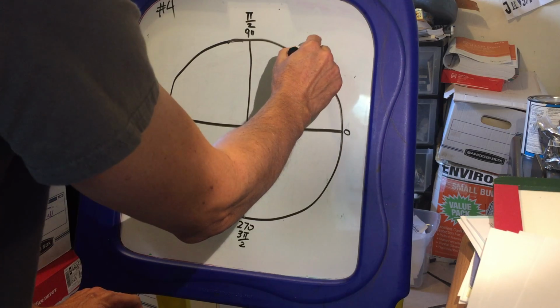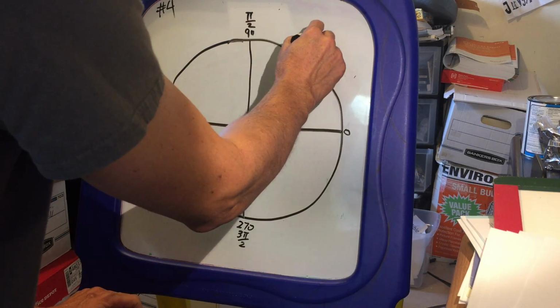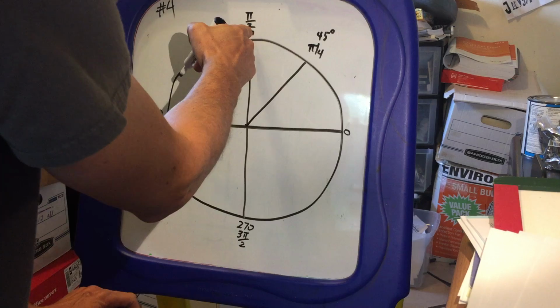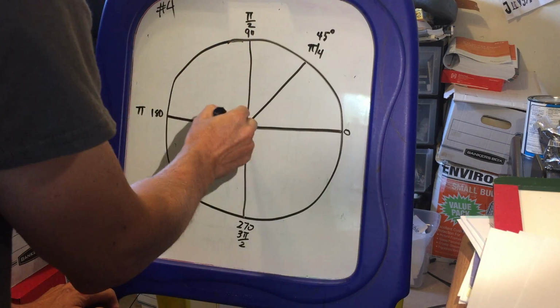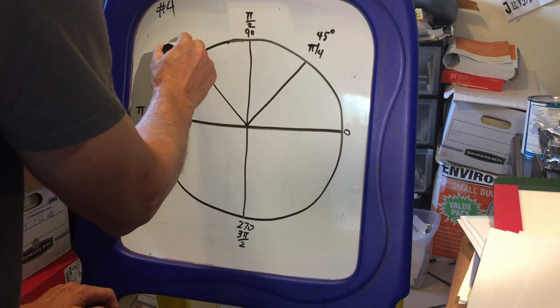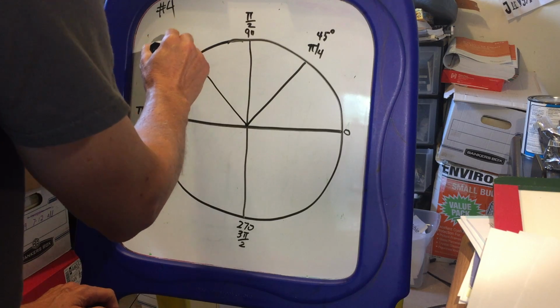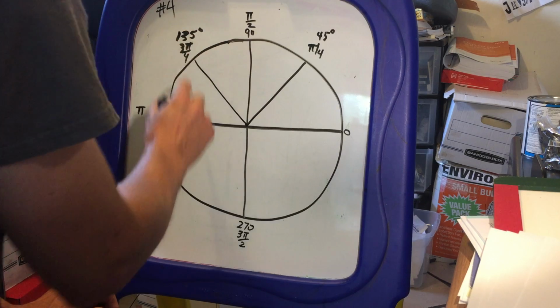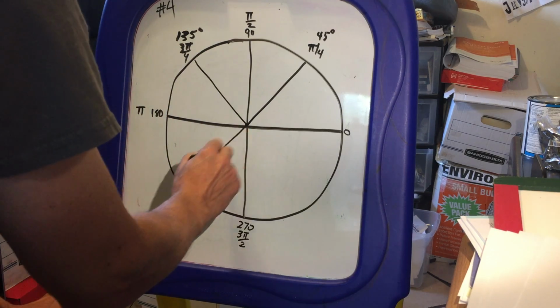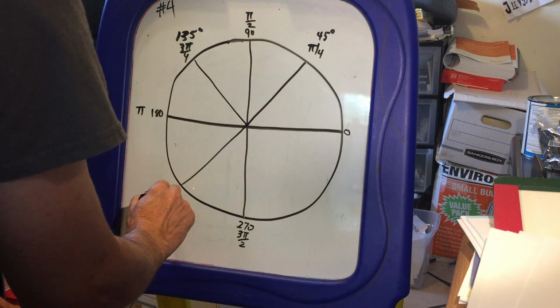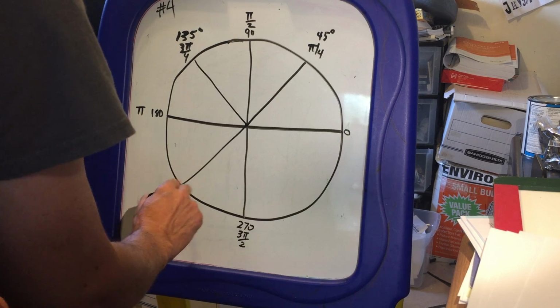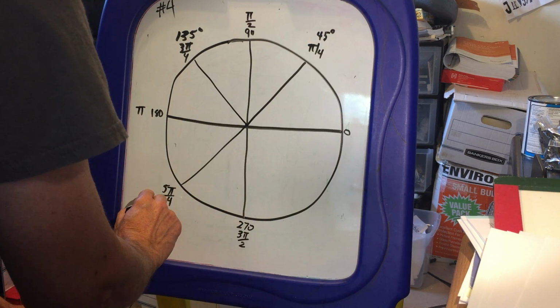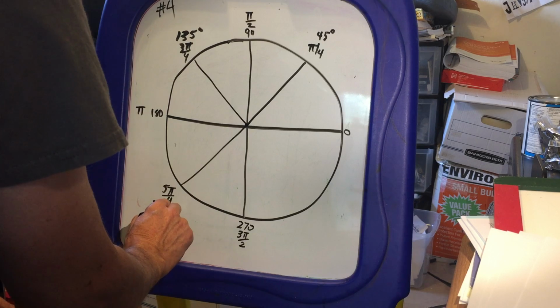You know that this is pi over 4. It's just 45 degrees. You got 2 pi over 4, reduced to pi over 2, 3 pi over 4. That's 135 degrees. 4 pi over 4, 5 pi over 4, 6 pi over 4, this is 225 degrees.